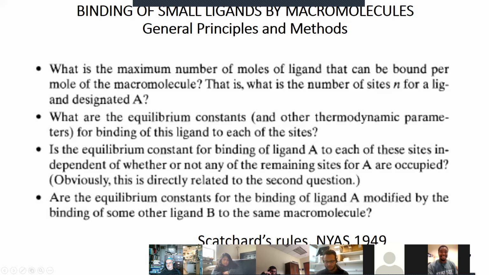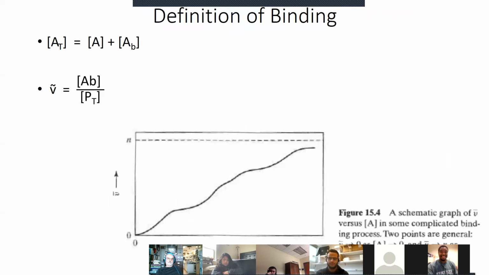Is there allosterism, positive or negative allosterism due to other ligands? Okay, and so Ken has a kind of a big discussion of this in the chapter.